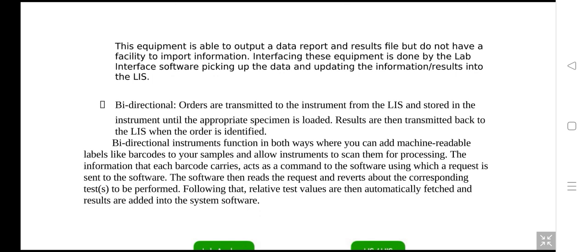The results are then transmitted back when the order is identified.